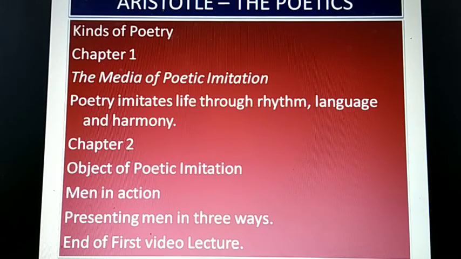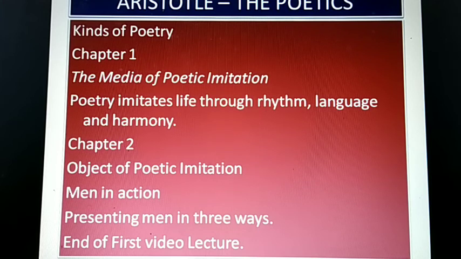Nicocharis as well as Hegemon of Thasos represent men worse than they are, showing them in a bad light. So Homer depicts men in action in a better way, Cleophon in the normal way as they are in reality, and Hegemon of Thasos and Nicocharis in a worse way, in a bad light.